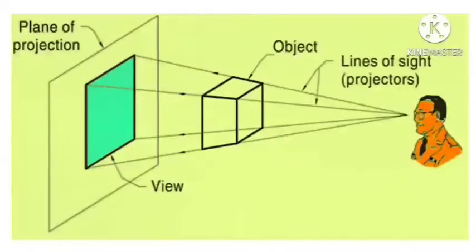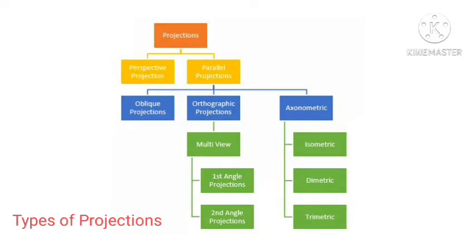If you are standing in front of the object and taking that view, that is called the front view. And if you are assumed to be standing on top of that object and taking the view, then it is called the top view. So this is the basic introduction about the projection. Let's discuss the types of projection.